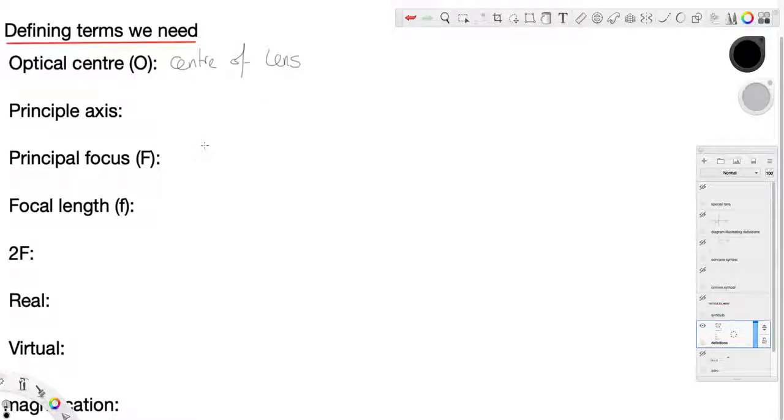Absolutely in the middle. Principal axis is a horizontal line. It will almost always be horizontal in our diagrams. Through the optical center. You'll see in a moment when I draw the diagram.